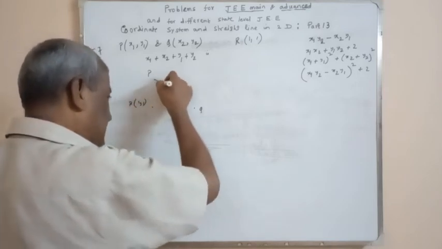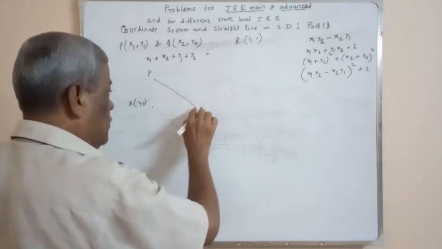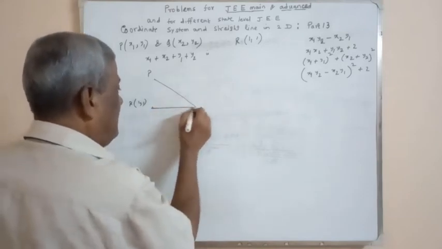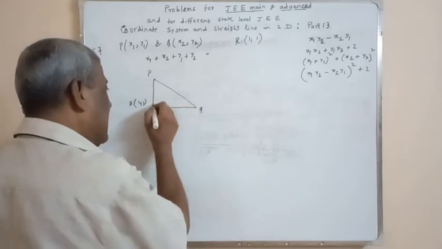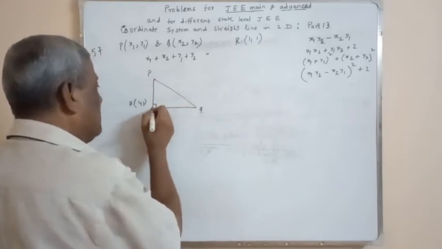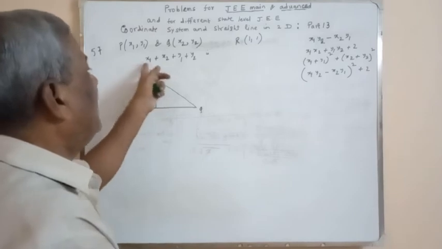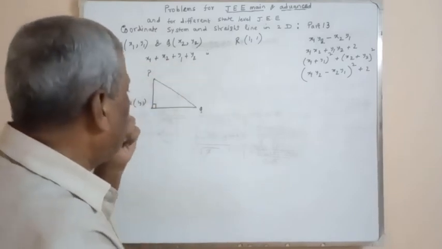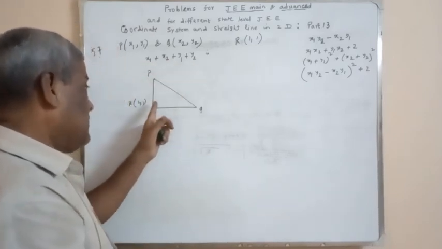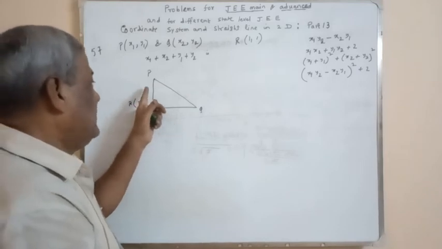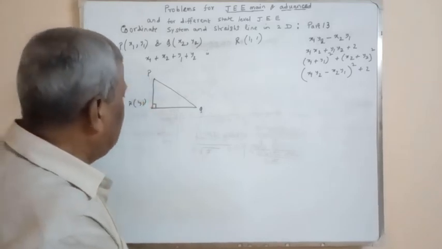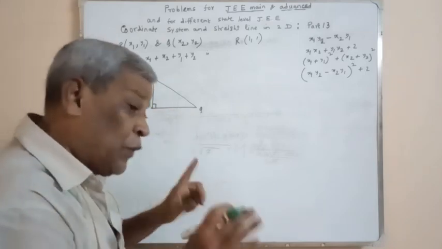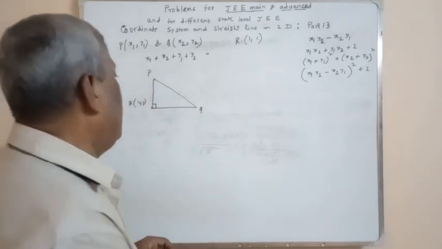Now the line segment PQ makes an angle of 90 degrees at that point R. Because this is 90 degrees, PR and QR are perpendicular. Therefore, gradient of this and gradient of that, their product must be -1.